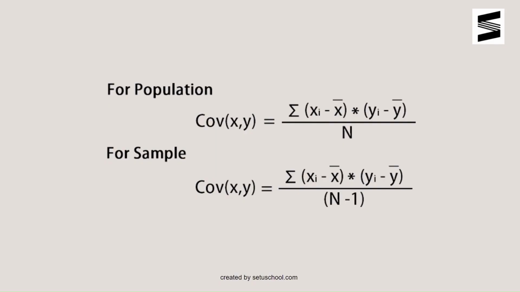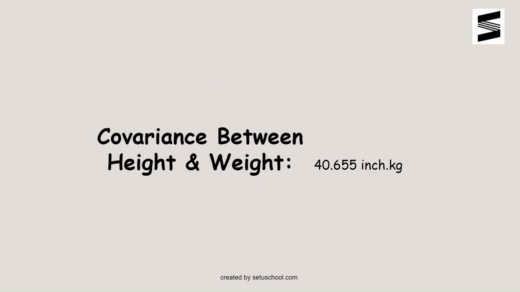Here the covariance between these two variables indicates the extent to which changes in height correspond to the changes in weight. Now if we calculate the covariance, it is 40.65 inch-kg. Now the next question is, what does this value actually tell us?